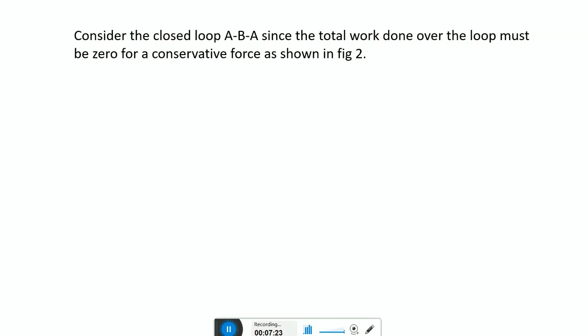For example, a mass on a spring, a bouncing ball, uniform circular motion, etc. So let us consider the closed loop ABA. The total work done over the loop must be 0 for a conservative force. This is the property of conservative force.